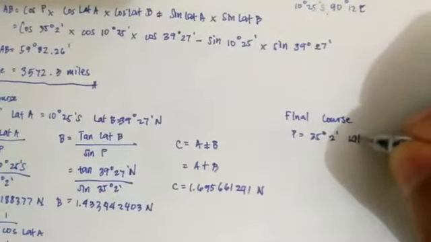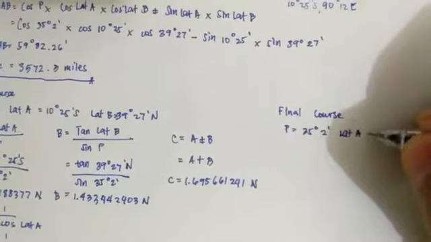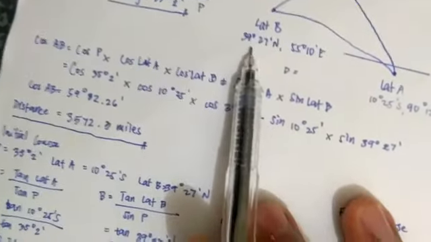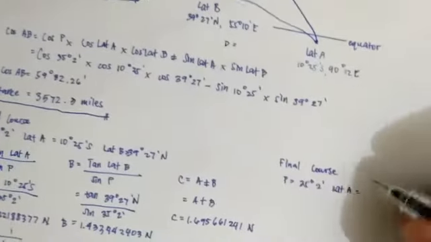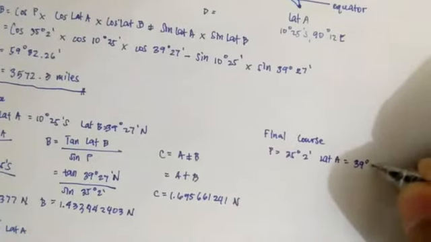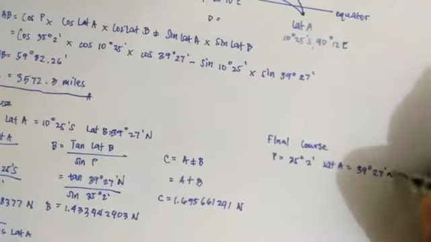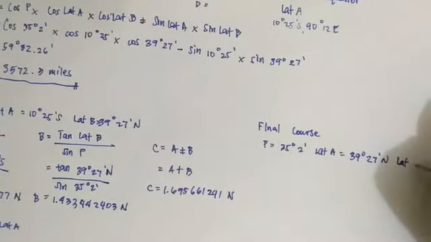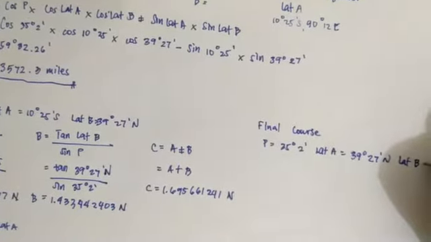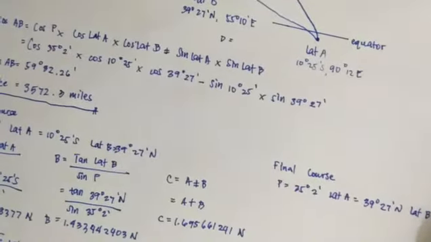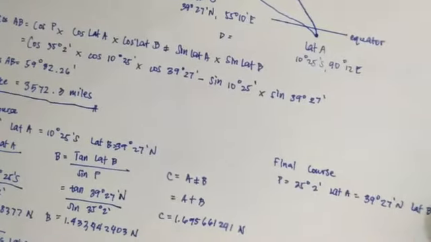Our latitude A here will be using the latitude B. So the latitude B will become the latitude A in the final course, 39 degrees 27 minutes north, and the latitude B is the latitude A, so 10 degrees and 25 minutes south.